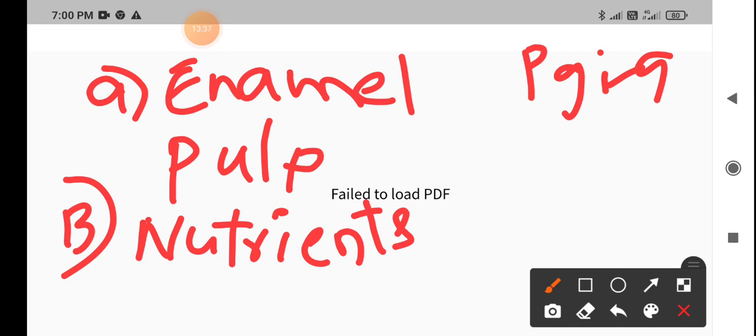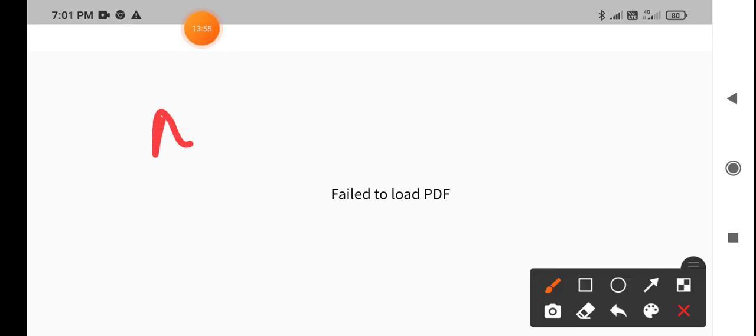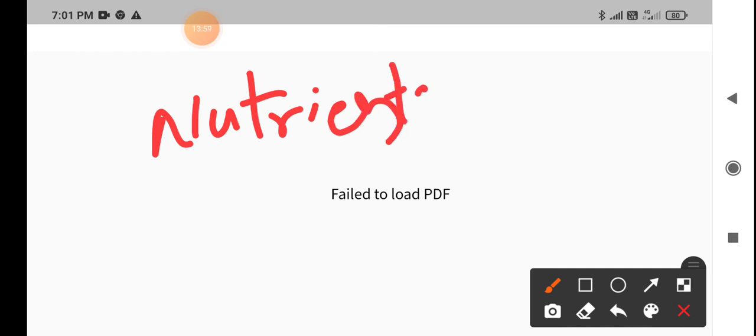Yes? And the third question is what will happen if the white part of your tooth breaks due to injury and the blood vessels get damaged? When blood vessels get damaged, the tooth will not get the nutrients. The pulp part cannot get the nutrients.